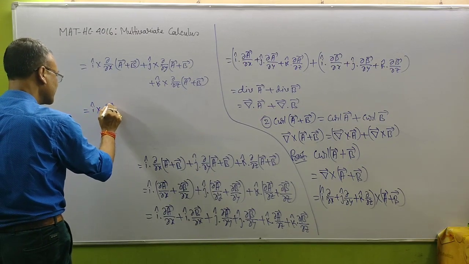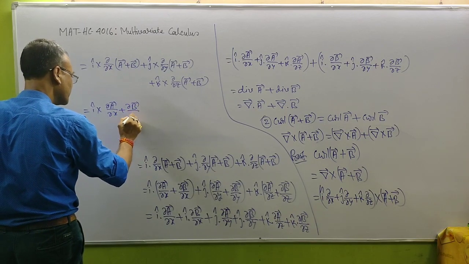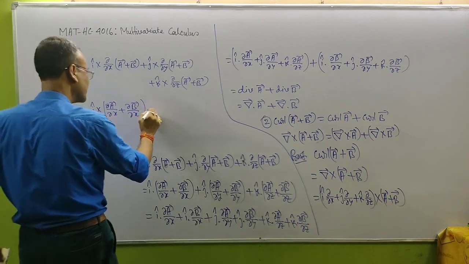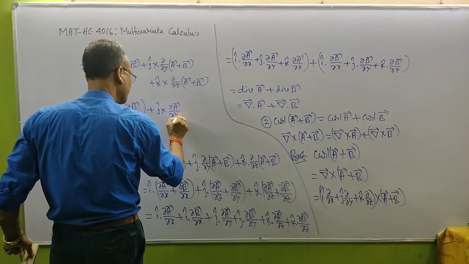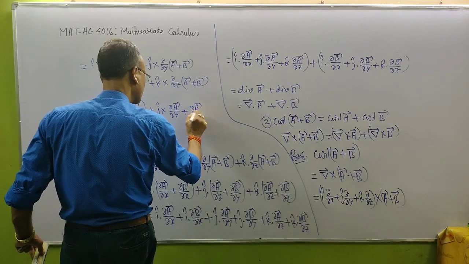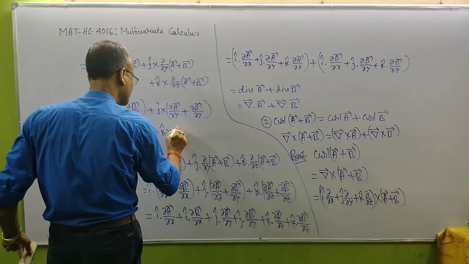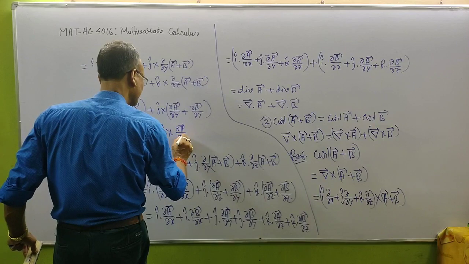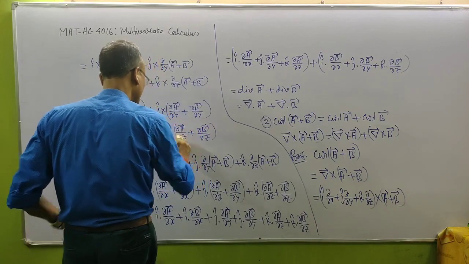So you may write i cap cross delta A by delta x, plus j cap cross delta A by delta y plus delta B vector by delta y, plus k cap cross delta A by delta z plus delta B by delta z.